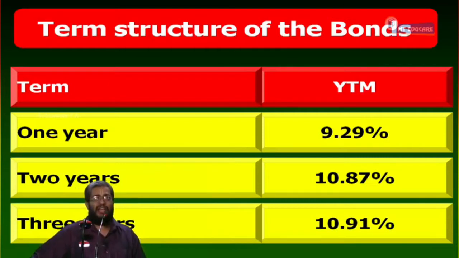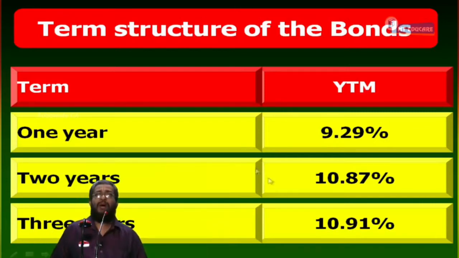The answer is that it differs because they are bonds with different maturities. Always you have seen in banks also that the interest rate offered changes with the period of deposits. Same way here also it is changing. This data we call the term structure of bonds. Why should we know the term structure of bonds?